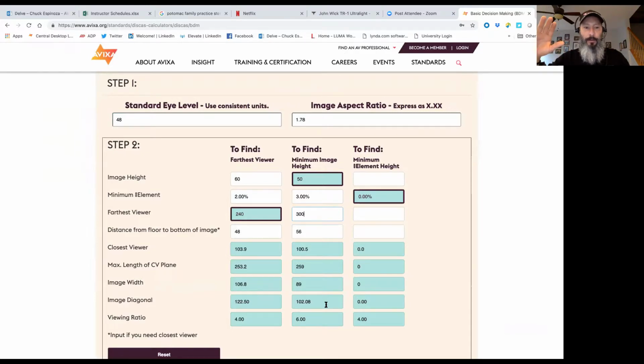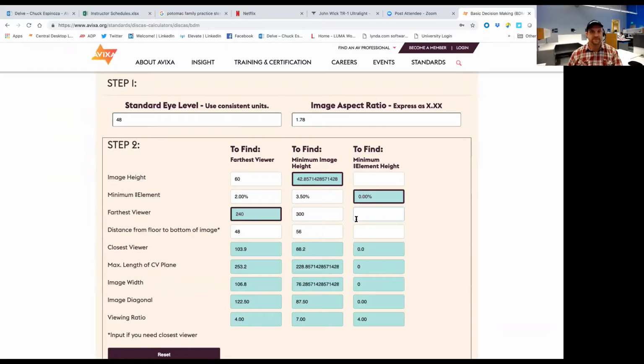I mean, you're talking an image height of 50 inches. Say they have an 8-foot ceiling, a low ceiling, and only have room for a 48. Yep. Okay, let's talk about this. Let's maybe instead of 3%, make our element 3.5%, which is a 7 times viewing ratio.